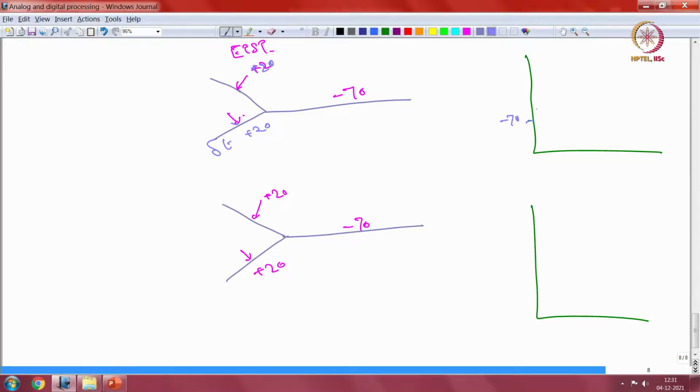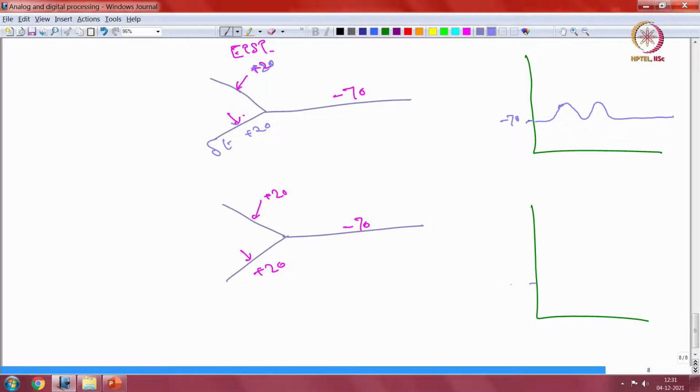Minus 70. So, what happens? You have the first 20 coming up sometime, and then there is a delay for the other 20 to come, and so that does not cause anything, and then there is a straight line.